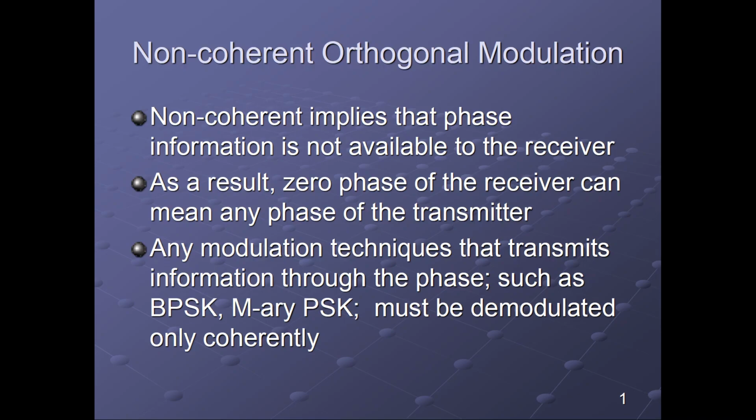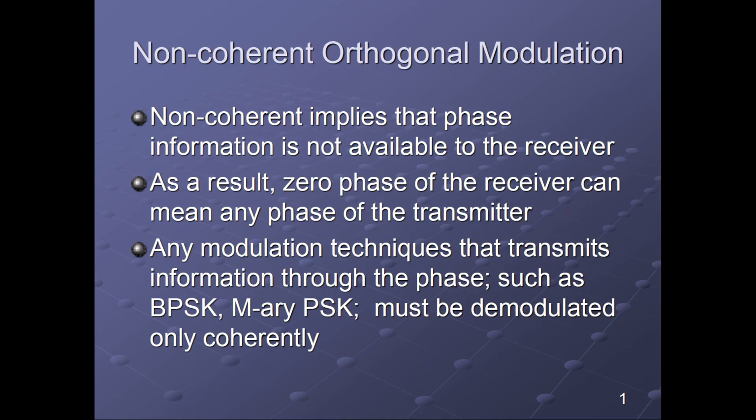When you hear the word non-coherent, this means that the phase information is not available at the receiver side. What does this mean? You don't need to generate a carrier at the receiver that has exactly the same phase as the transmitted carrier.